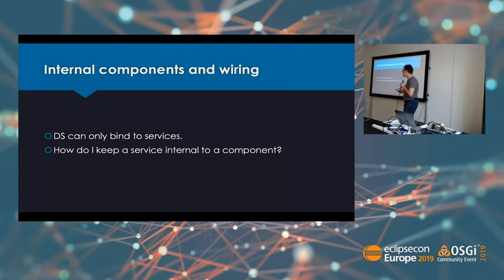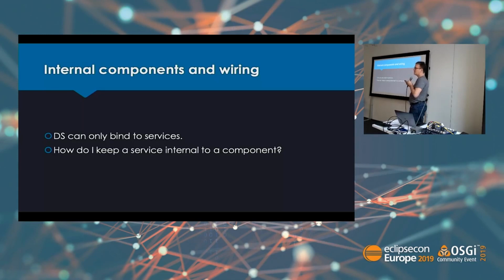One thing about declarative services that took me quite a while to understand, especially when you come from the Spring world, where we have beans that are internal to an application context: how do you do something that is needed inside your bundle but should not be exposed to the outside world? DS cannot have something like internal beans.